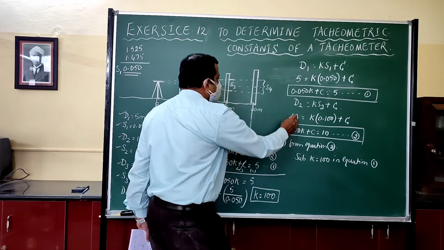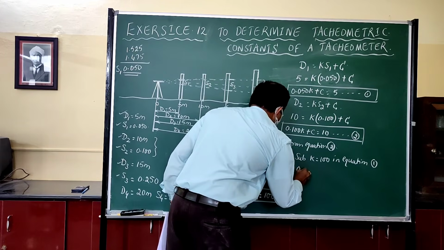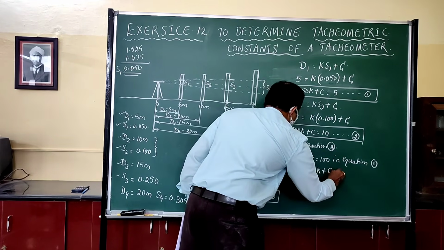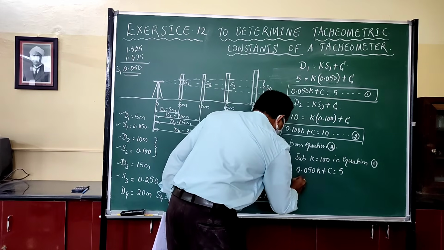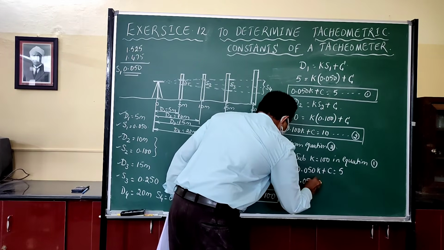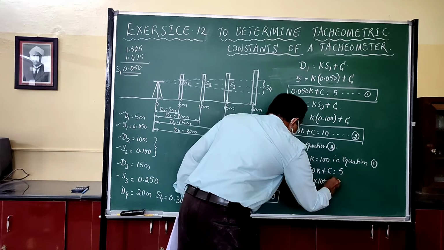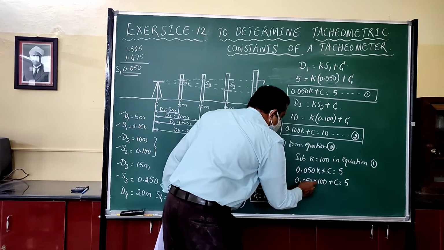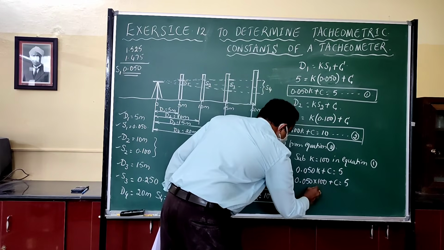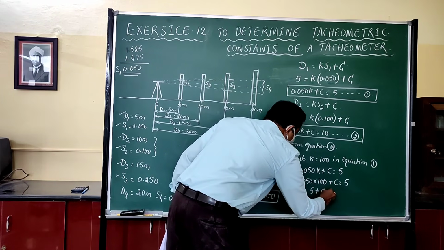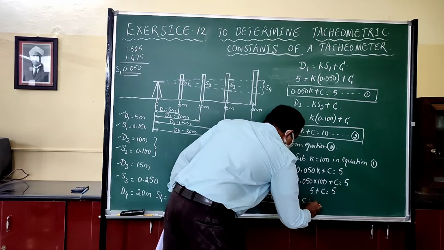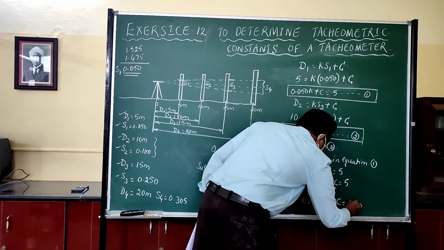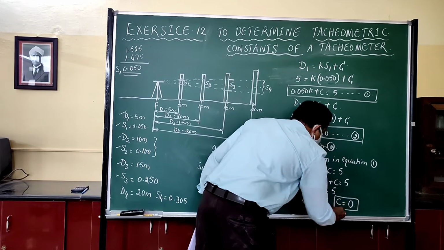I will substitute K is equal to 100 in equation 1, that is 0.050 K plus C is equal to 5. 0.050 into K is 100 plus C is equal to 5. So 0.050 into 100, this will be 5 plus C is equal to 5. C is equal to 5 minus 5. The additive constant C is equal to 0.